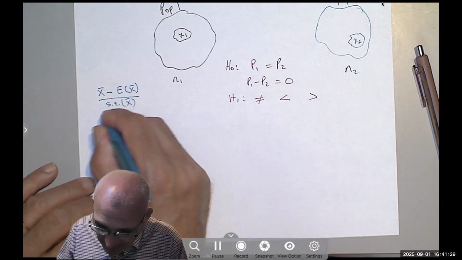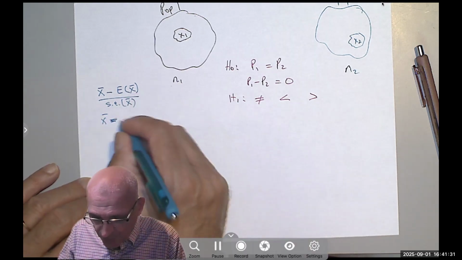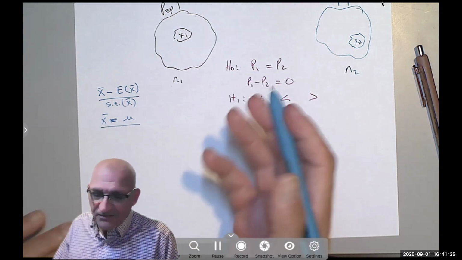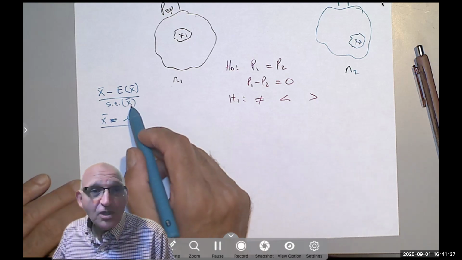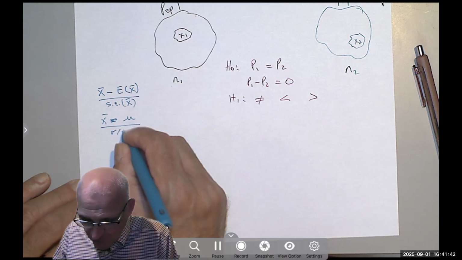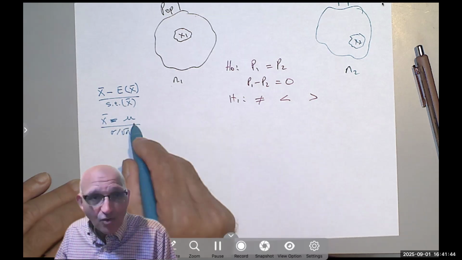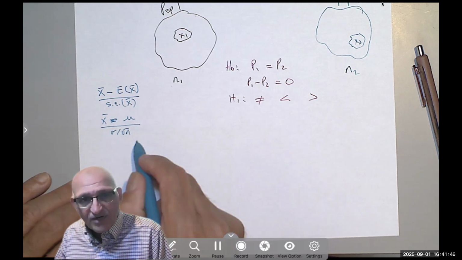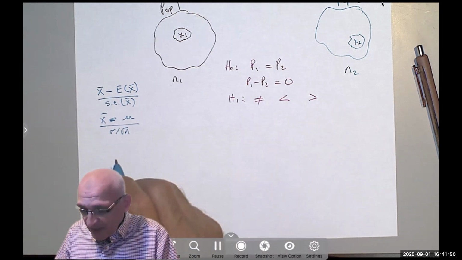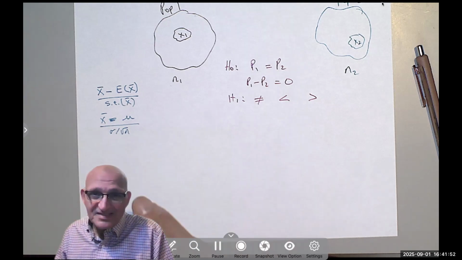And we said the expected value of x bar was mu, you know that. And if I assume I know the population variance, which I never do, that would be over sigma over root n, which can be written as over the square root of sigma square over n. It's the same thing, right? Or I replace that by s. And with the proportion, we do the same thing.